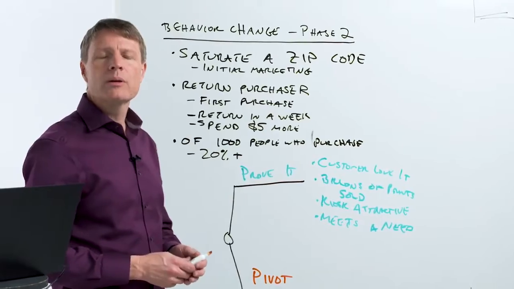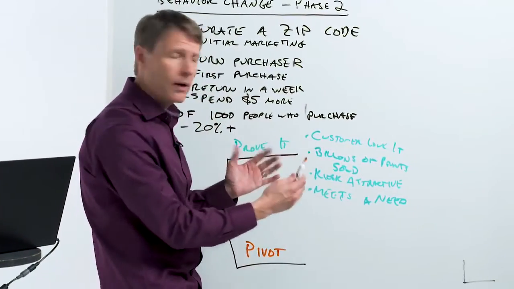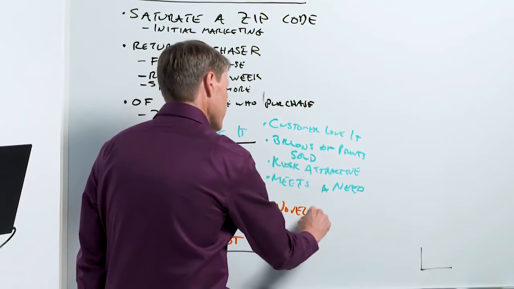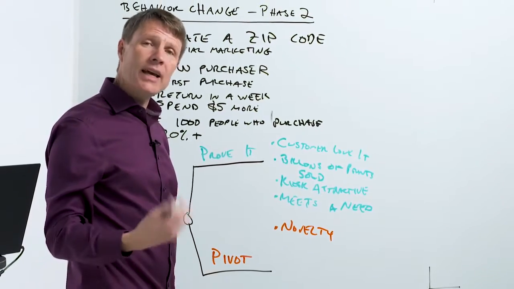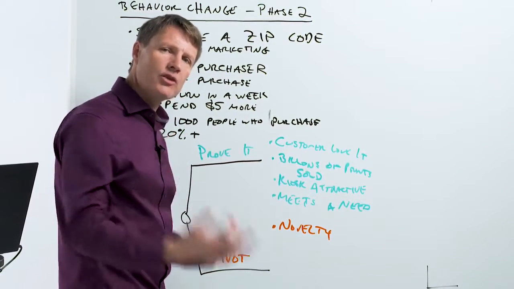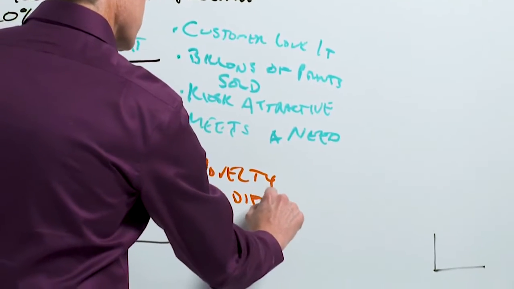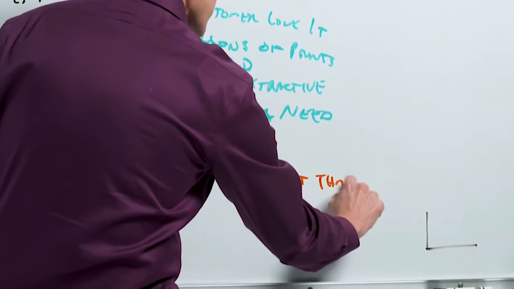Then you want to move to the other side and talk about reasons for pessimism. Why this would pivot. So why might this not work out? Well, perhaps it's a novelty. Perhaps people say they like it, but that's often different than actual use. So use is different than reports.